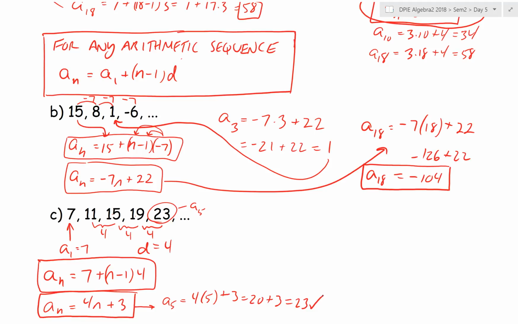So that seems to work. So now that we're confident that our formula works, we can find the 18th term. That's going to be 4 times 18 plus 3. And 4 times 18 is 72, plus 3 is 75. So a sub 18 is 75.